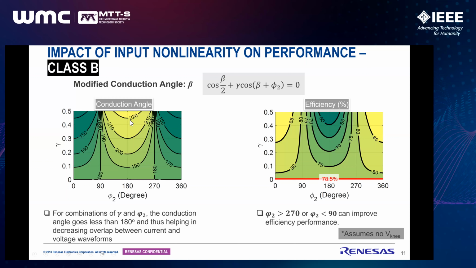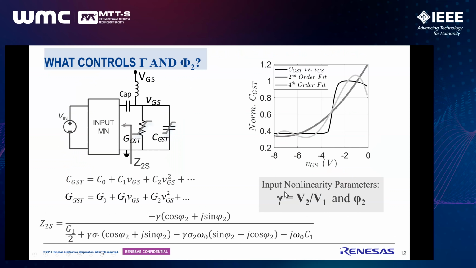Sometimes it's increasing up to even 220 degrees from the nominal 180 degrees, while it can also be decreased to 150 degrees. The same thing is reflected in the efficiency performance. When conduction angle is increasing, efficiency decreases, and vice versa. In the region where conduction angle is decreased, efficiency has increased. So as we expected, right?